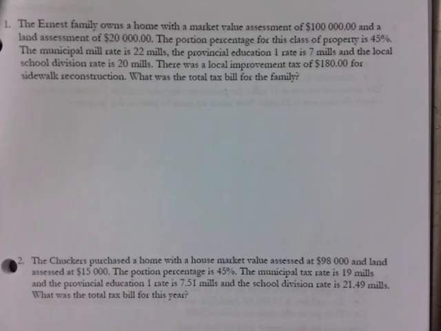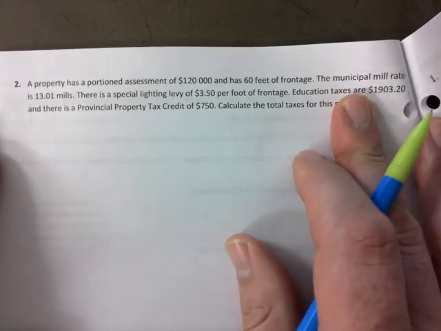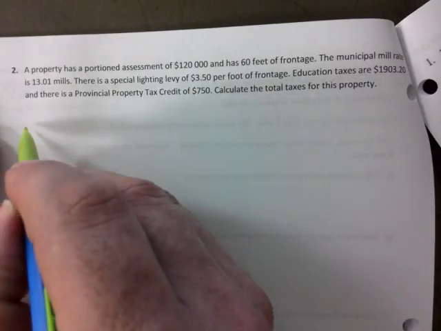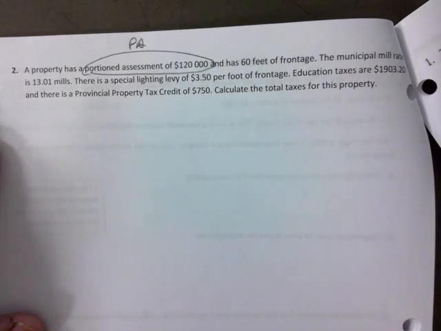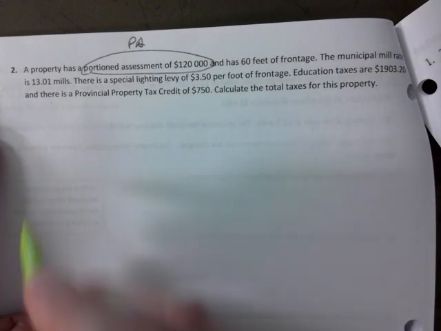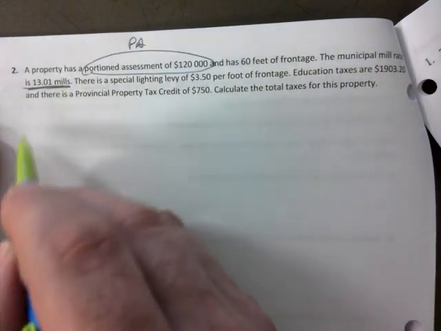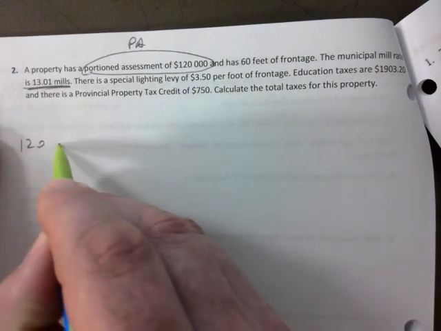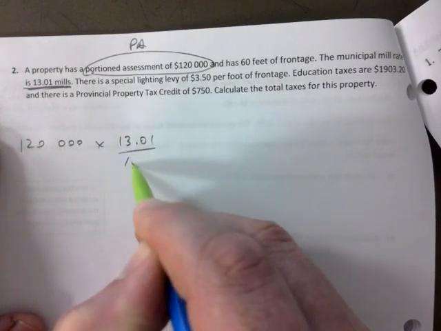So for page 73, I'll just do that so you can't say that you haven't had enough info here. So portioned assessment is given already. That's called PA. Don't worry about multiplying that by 0.45. Then you figure out that there's a mill rate. So we're going to go 120 times 13.01 over 1,000.